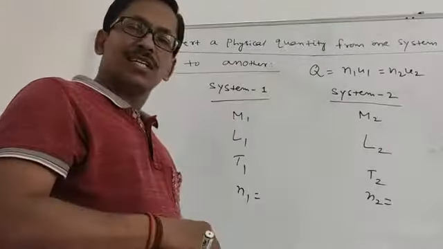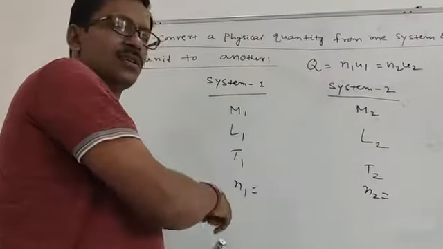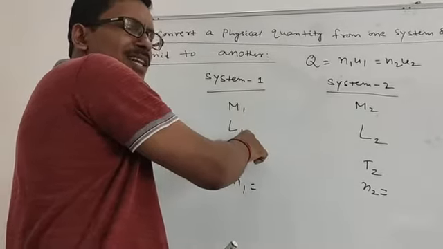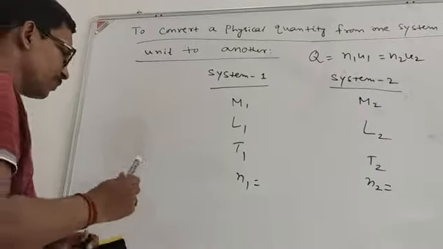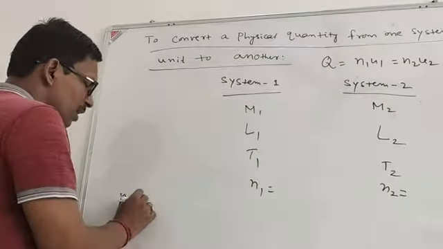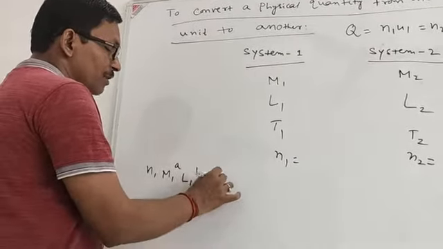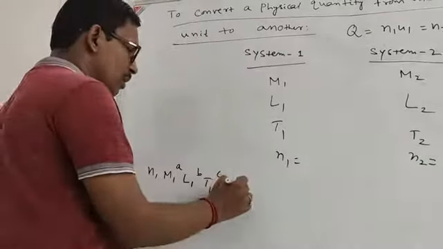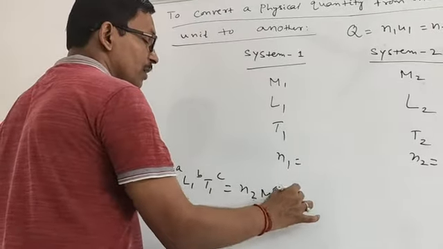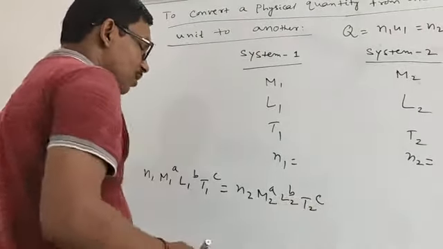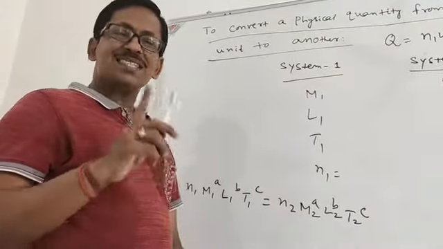Suppose there is a physical quantity whose dimensional formula is M to the power A, L to the power B, T to the power C. Now I can write: N1 into M1 to the power A, L1 to the power B, T1 to the power C equals N2 M2 to the power A, L2 to the power B, T2 to the power C, where A, B, C are the dimensions of the physical quantity in mass, length and time respectively.